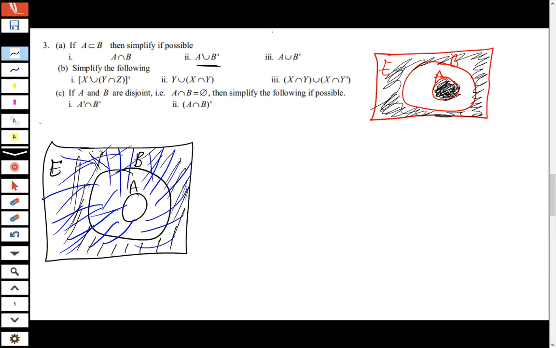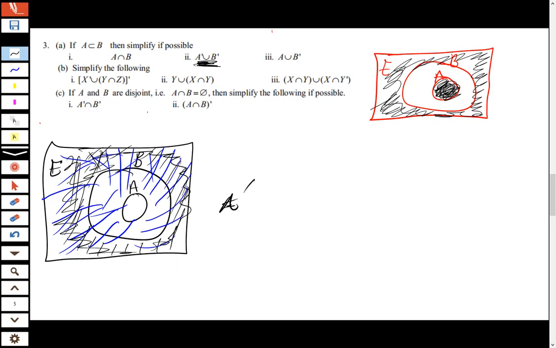Now when you combine the two shades, the one that is outside for B complement and the one for A complement, because we're adding two sets, because we have been told to find the union between the two sets. When you combine the two, you discover that your answer will just be the same as A complement, because you're going to add A complement plus B complement, which will just give you A complement as your answer.